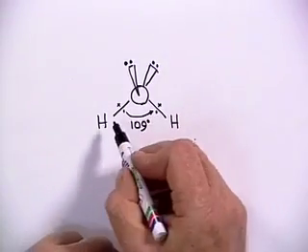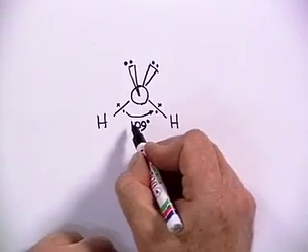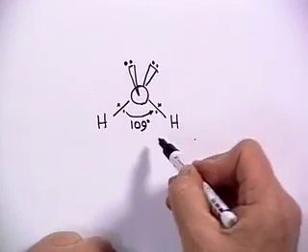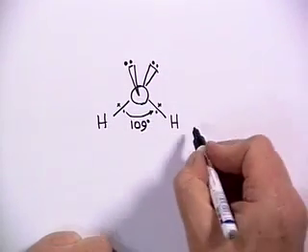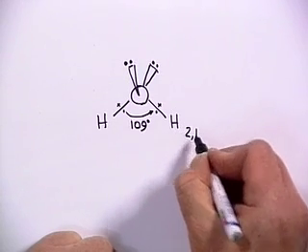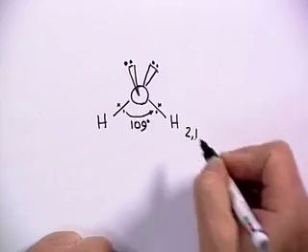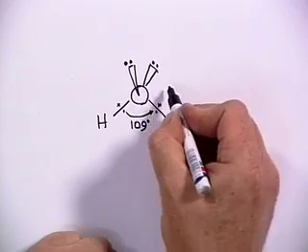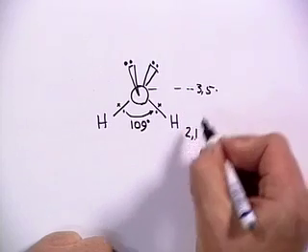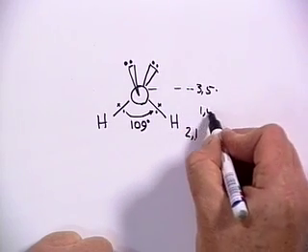Now, if we look at this carefully, we can make other predictions or deductions from the shape of the molecule. For a start, let's remember that the electronegativity of hydrogen is 2.1, and of oxygen is 3.5. The difference here, 1.4.